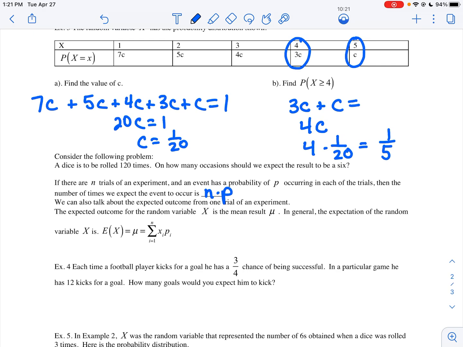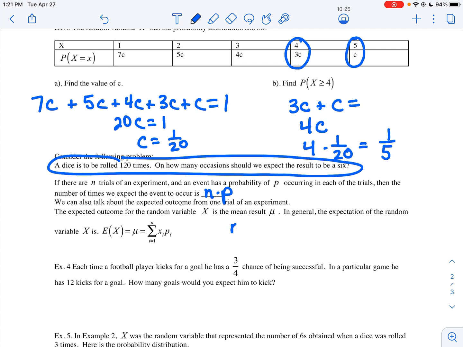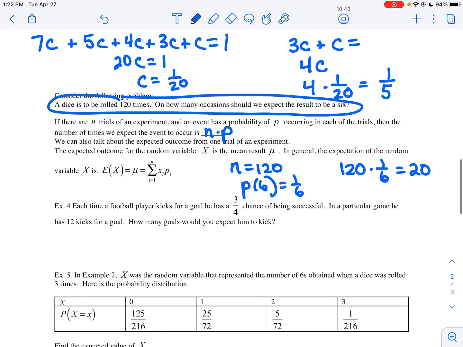So back up here, n is 120, and the probability of getting a 6 is 1/6. So you would do 120 times 1/6. So you would expect to get a 6 about 20 times if you roll the dice 120 times.